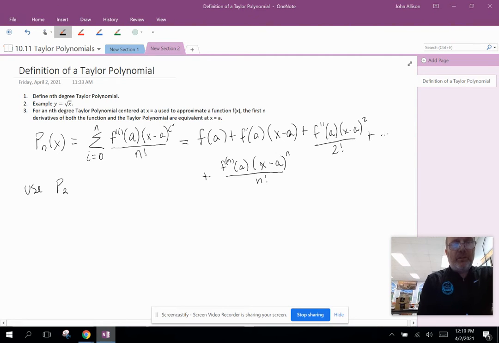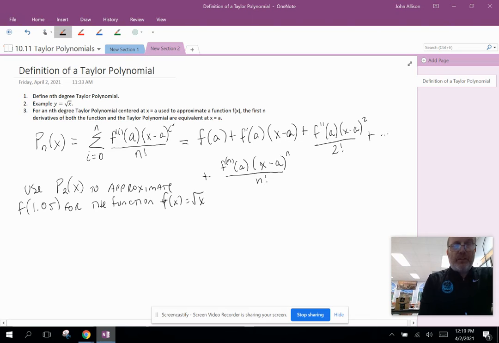Let's just do a second degree Taylor polynomial first, to approximate f of 1.05 for the function f of x equals the square root of x.